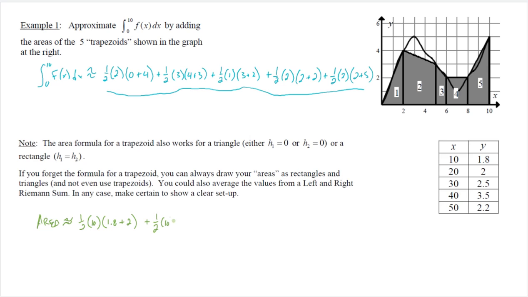Our unit is 10. This time we're doing 20 and 30. So at 20, we're at 2. At 30, we're at 2.5. Next section is going to be, again, 1/2. Our width is going to be 10. These are all uniform widths. This is going to be from 30 to 40. So this is going to be 2.5 plus 3.5.